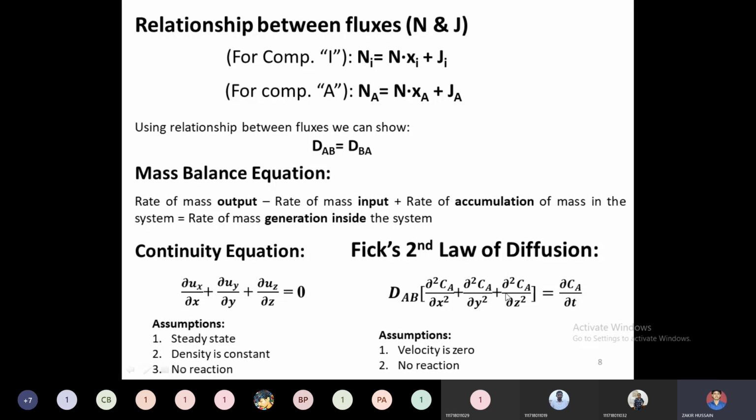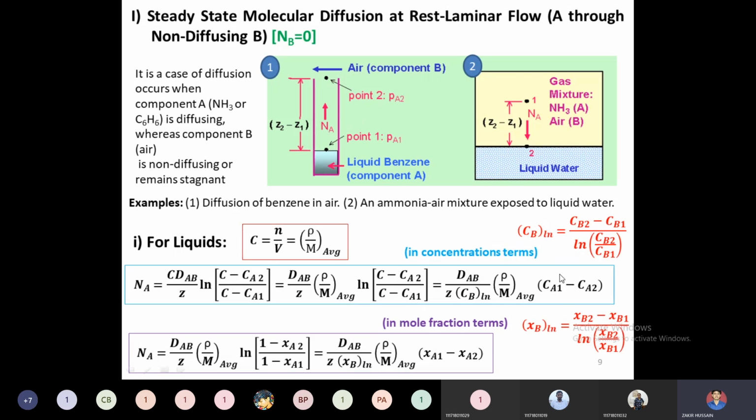It is a steady state formula, but this equation is the unsteady state formula. Assumptions applied in deriving this equation are that velocity is 0 and no reaction is there. With no reaction, this term can be cancelled. With velocities 0, certain variables are cancelled. We have derived this equation from the continuity equation. You can refer to the earlier videos.